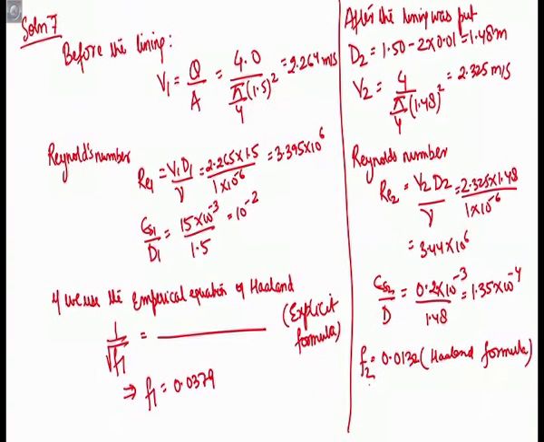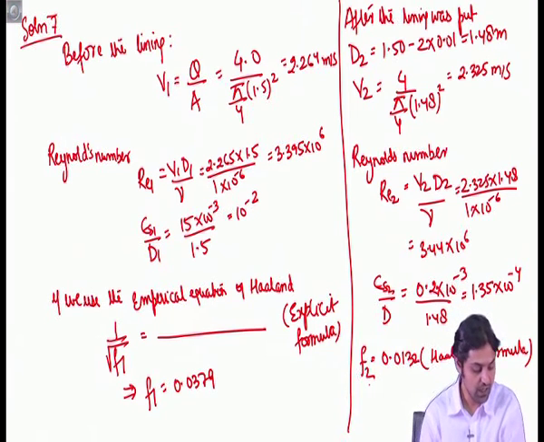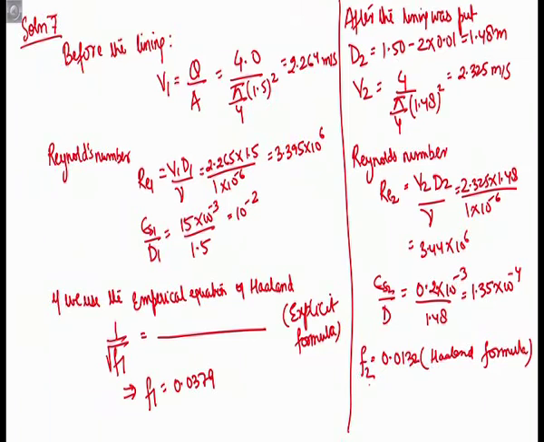F1 is the friction factor before the lining was put, and F2 is the friction factor after the lining was put. So to continue further, we are going to calculate head loss.